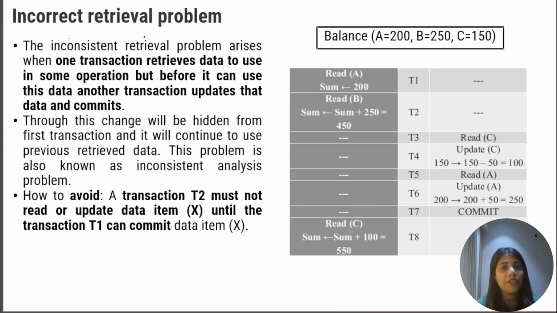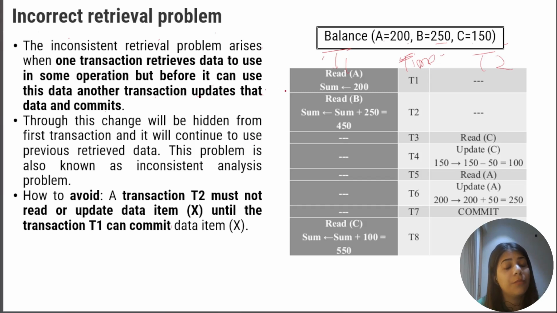Third one, the incorrect retrieval problem. In this case, let's say A is 200, B is 250 and C is 150. This is transaction T1, this is T2, and this is, let's say, the given amount of time. The inconsistent retrieval problem arises when one transaction retrieves the data to use in some operation, but before it can use this data, another transaction updates that data and commits.